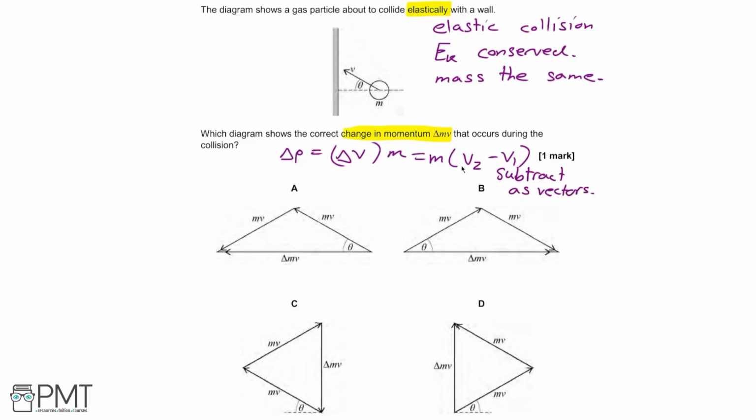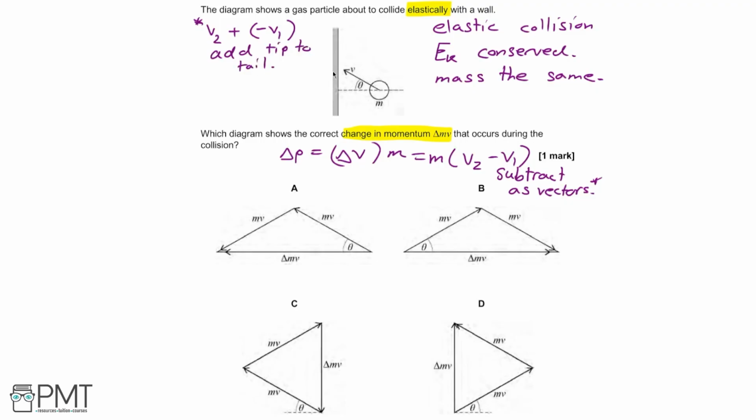One way to think about how we subtract these as vectors and form our triangle is going to be to consider adding two vectors. Specifically, we can take the minus sign into v1. What I mean by that is that if we go up over here, then we can write that this is v2 plus minus v1. And then we can apply all the rules that we normally use when adding vectors together, specifically that we add them tip to tail.